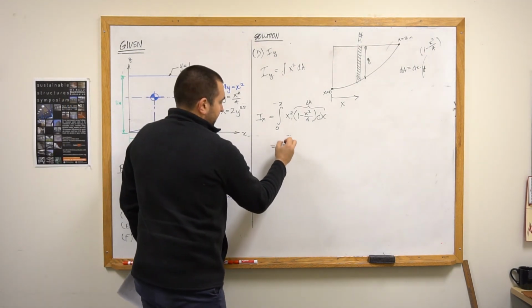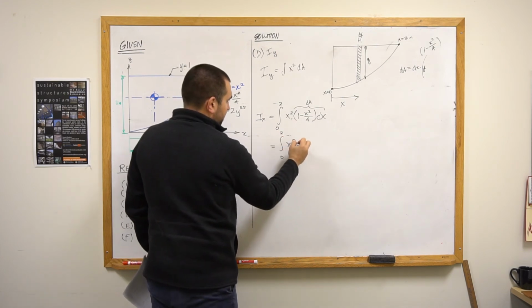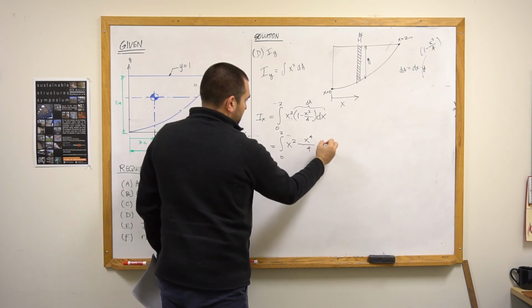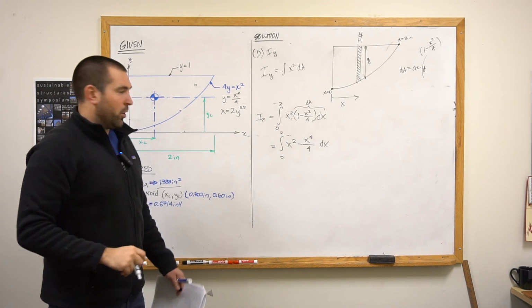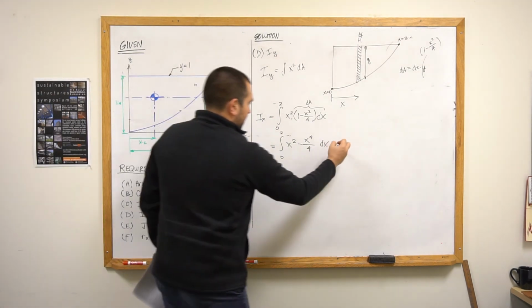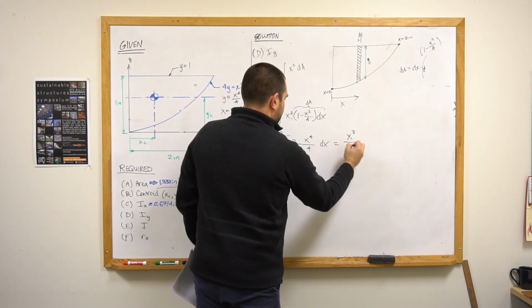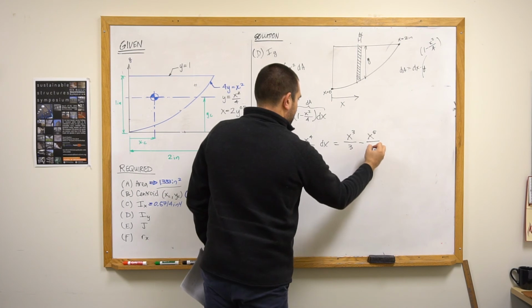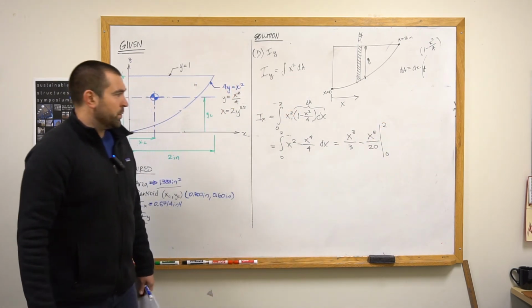Doing a little bit of calculus, I can simplify this first, which is probably a good idea. 0 to 2 of x squared minus x to the 4th divided by 4 dx. All that I've done is just distribute the x squared into each term of that polynomial, and I get x cubed divided by 3 minus x to the 5th divided by 20, evaluated at 0 and 2.